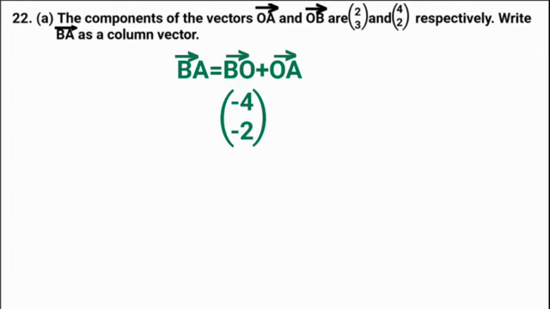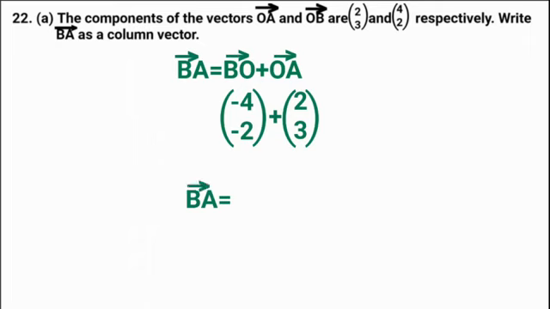OA. OA is just the same, so we're going to write plus (3, 2). Then the next thing we're going to do is add them. So before I add, I'm going to write BA.